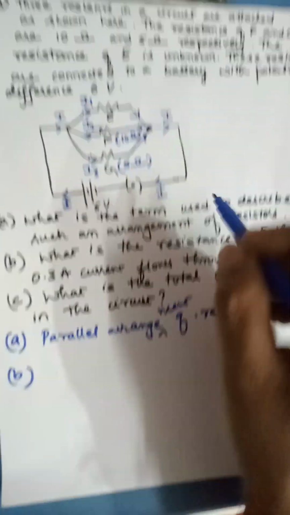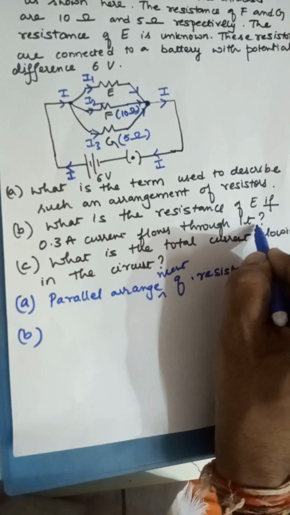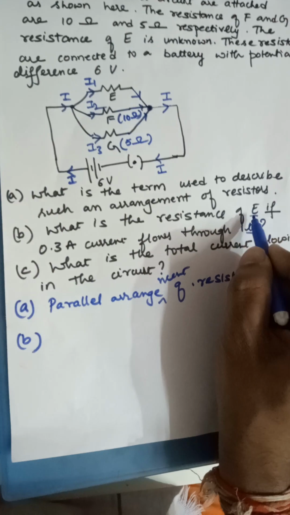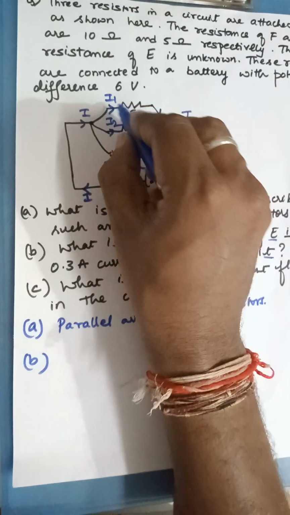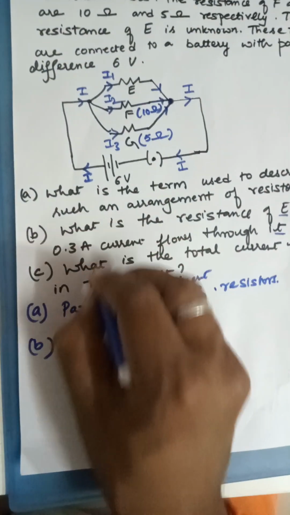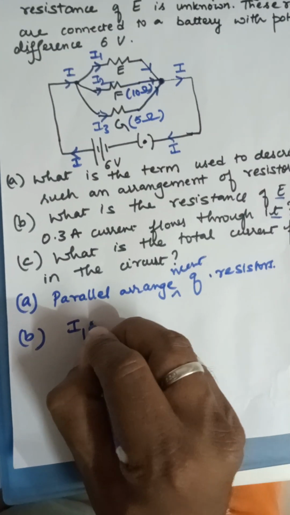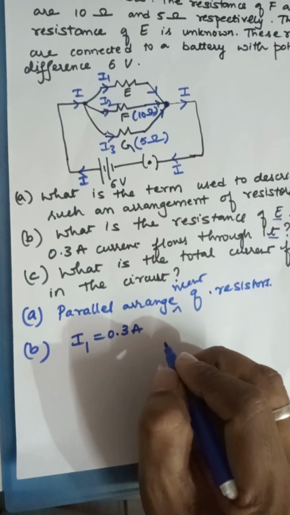Now he says the current through the resistor E is 0.3 amperes. That means the current through the resistor E is I1 and its value is given as 0.3 amperes. So I1 is 0.3 amperes.